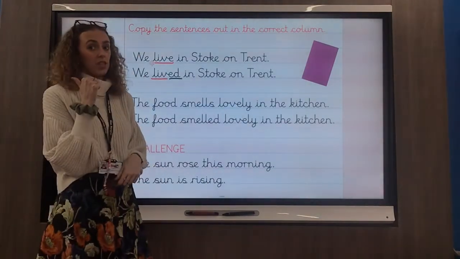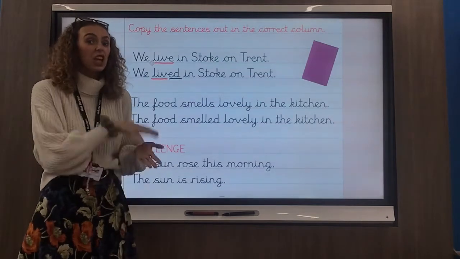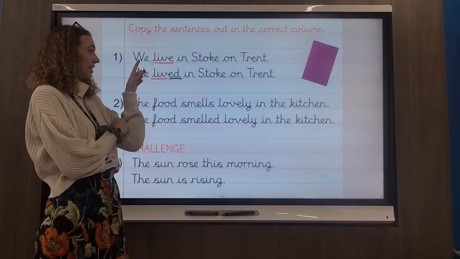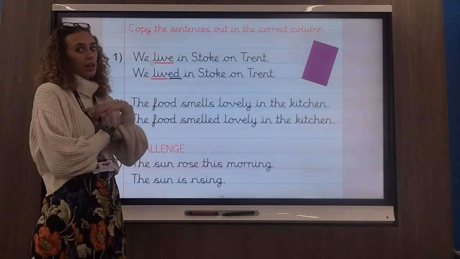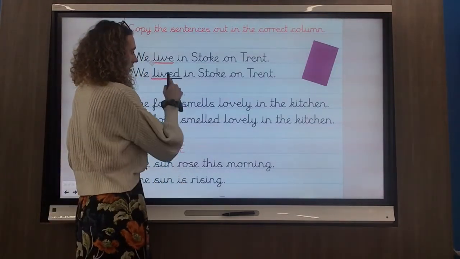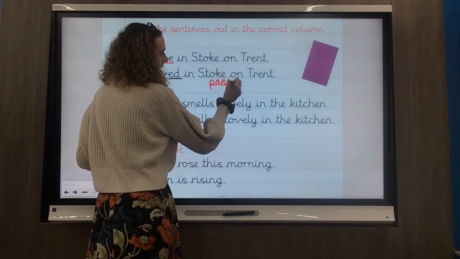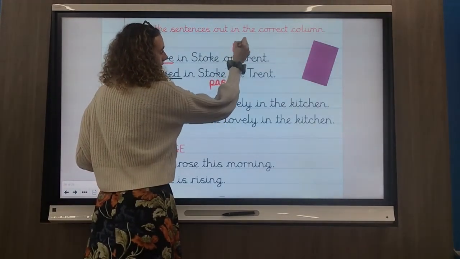We lived in Stoke-on-Trent. They used to live in Stoke-on-Trent. So that means that my present tense is we live in Stoke-on-Trent. So my past, and my present.